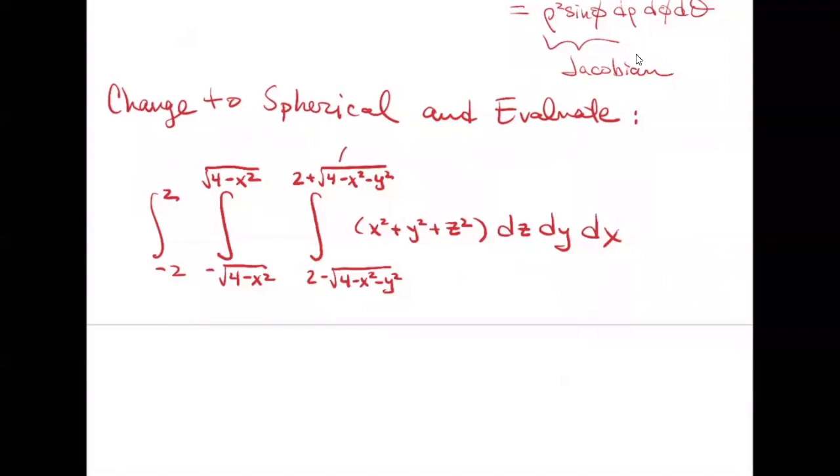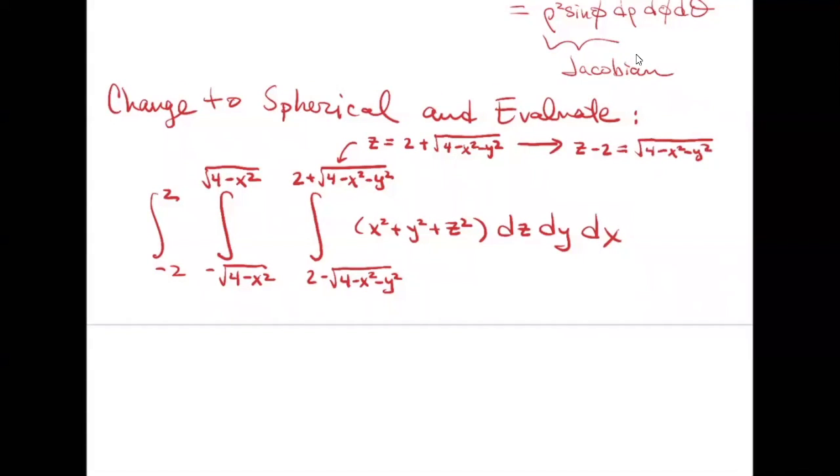So this one right here was z equals 2 plus the square root of 4 minus x squared minus y squared. And if you work that out, you can make that z minus 2 equals the square root of 4 minus x squared minus y squared.